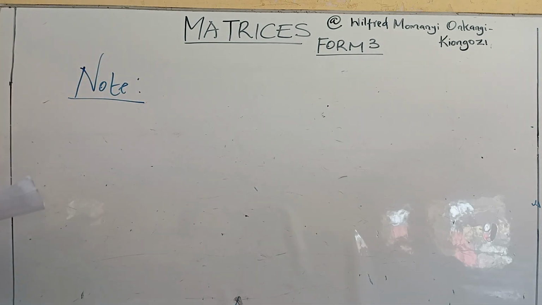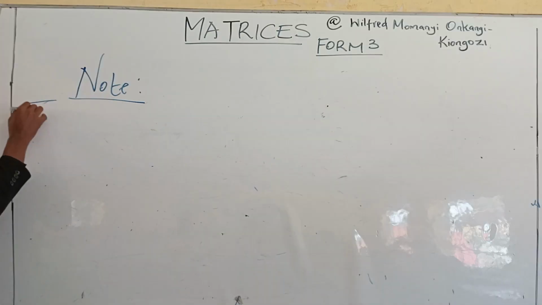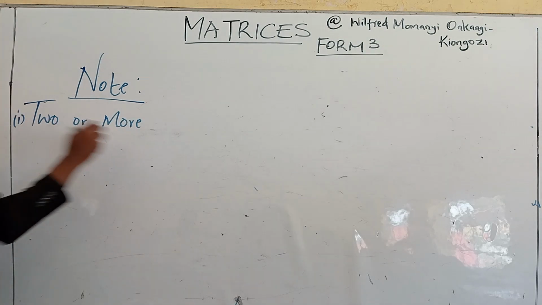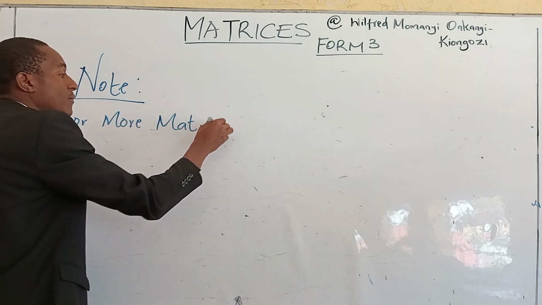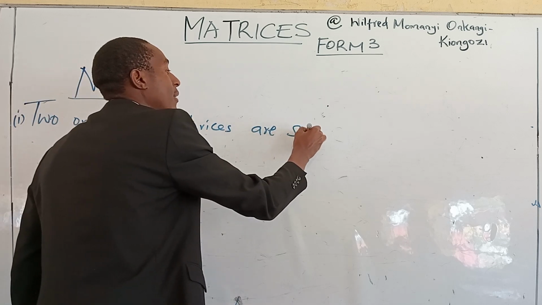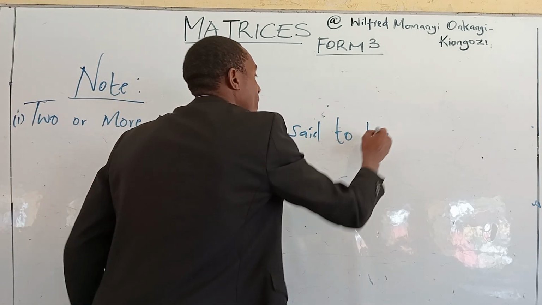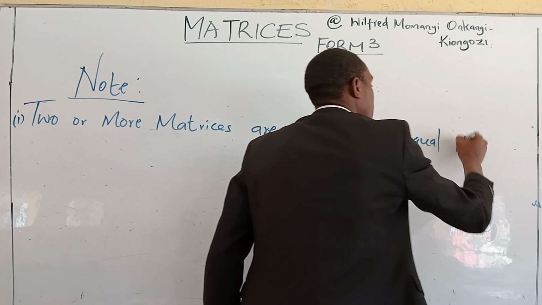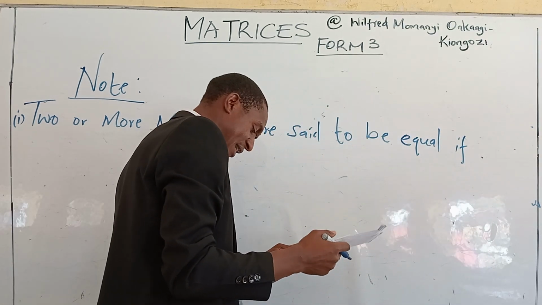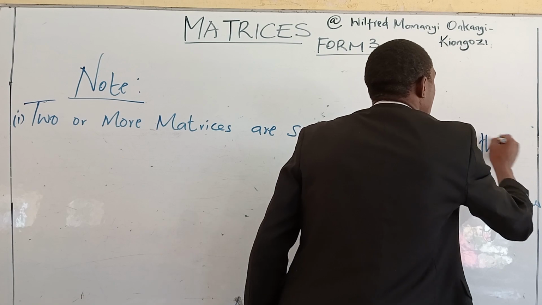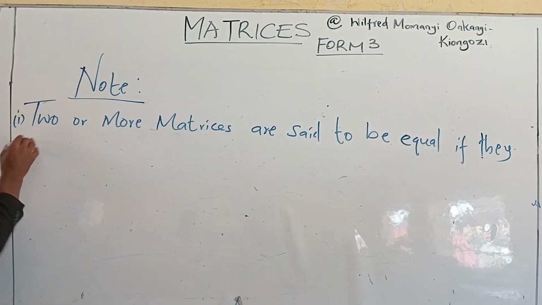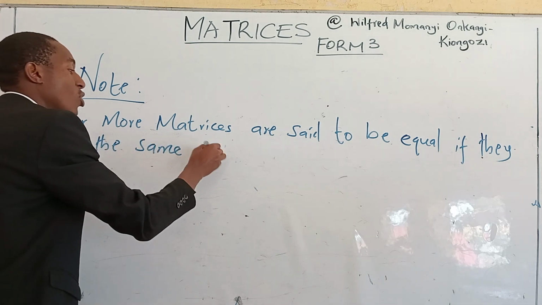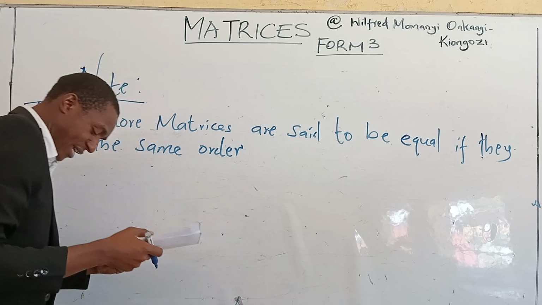Number 1, Roman 1: 2 or more matrices are said to be equal if they are of the same order.